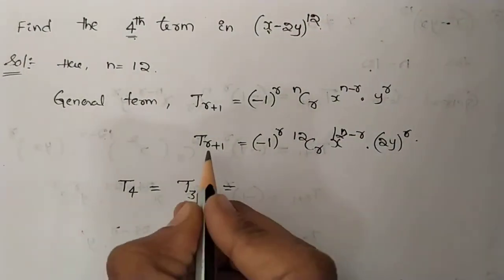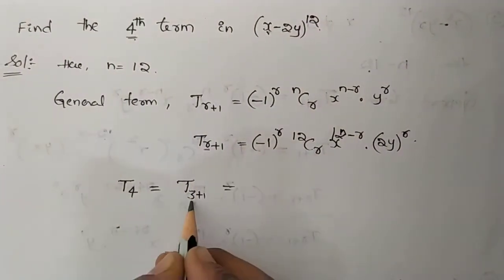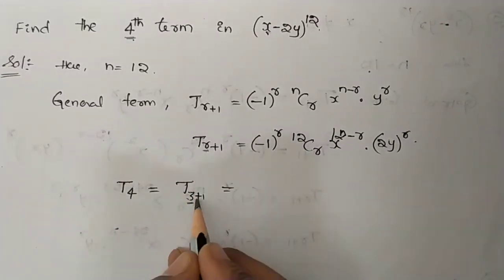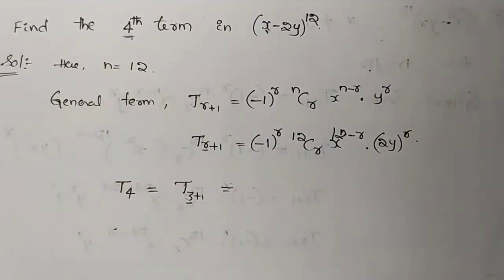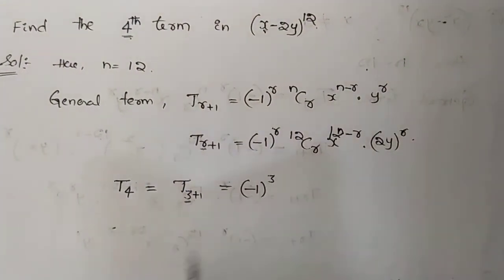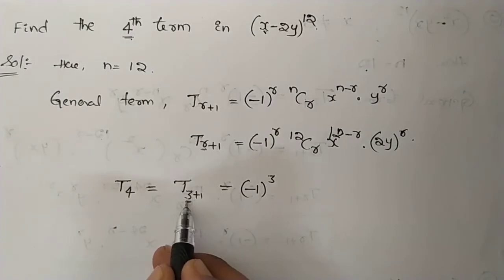In the general term we have r. In the fourth term we have 3, so in place of r, we substitute 3.